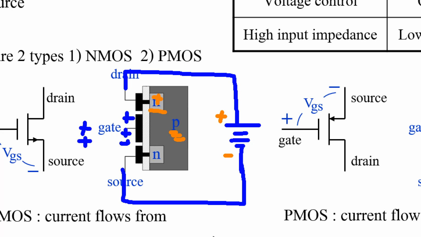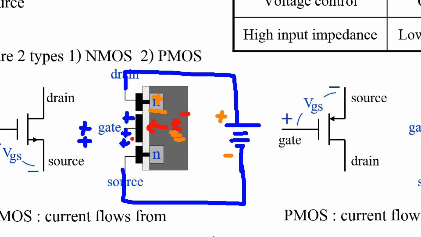If I apply positive at the gate terminal, this positive voltage will push holes in this area away, and pull electrons in this direction. But electrons cannot pass through this insulator, the oxide layer.